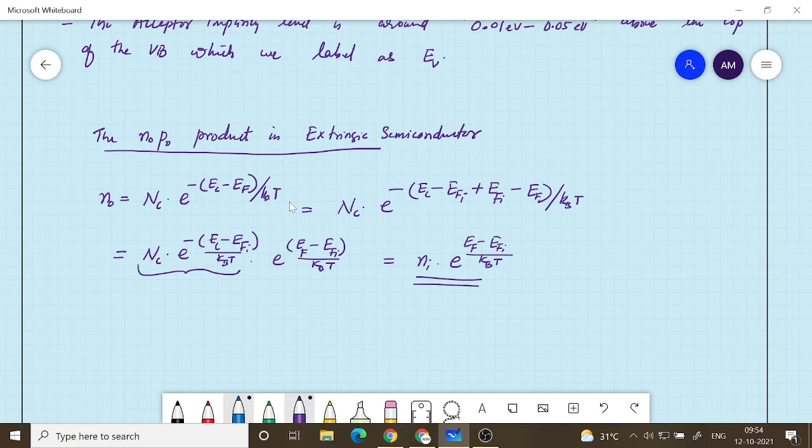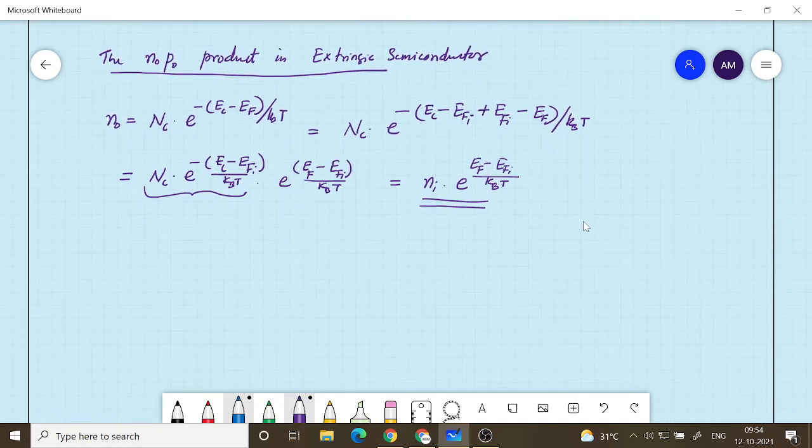So this is an alternate way of writing the concentration of electrons in the conduction band.